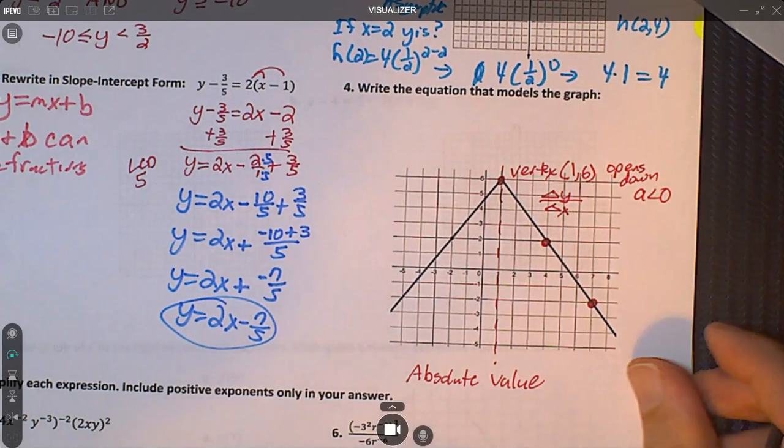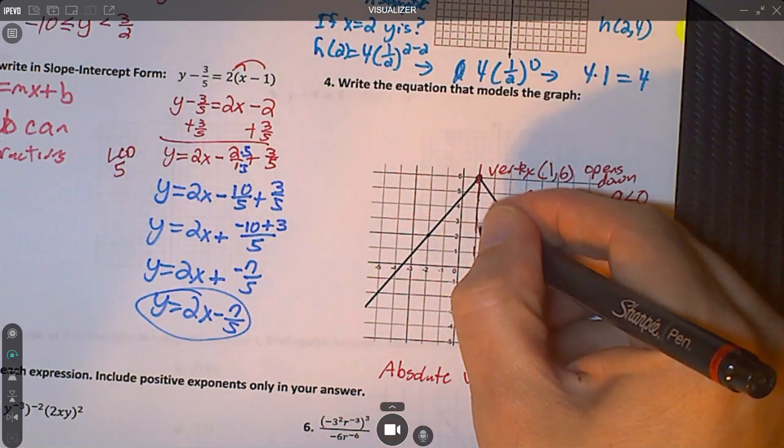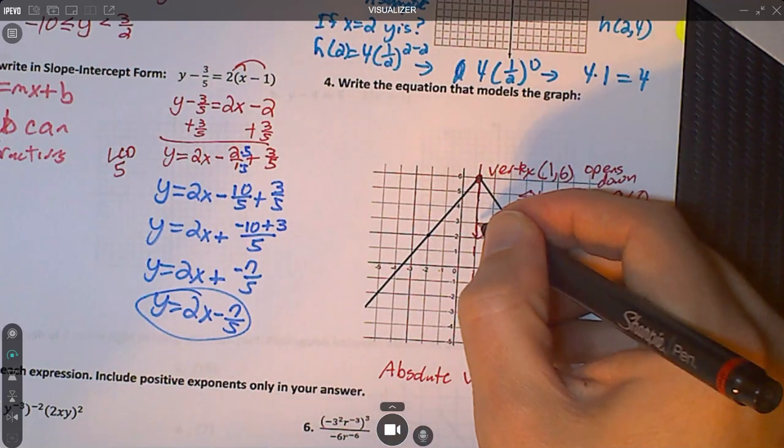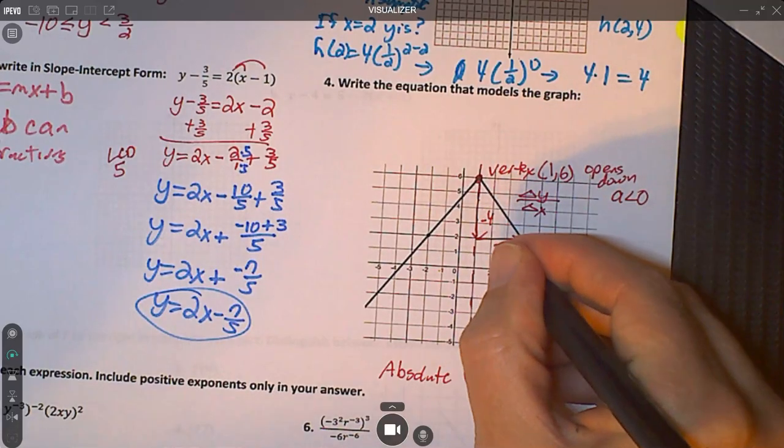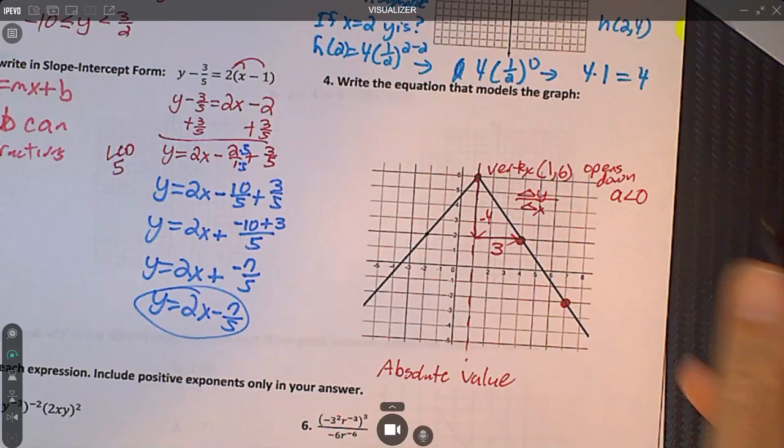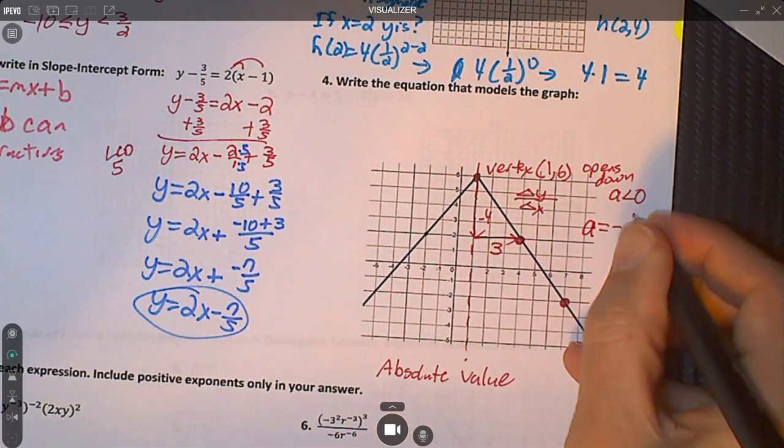Changing y over x on this side. Fall 4, run 3. So a is negative 4/3.